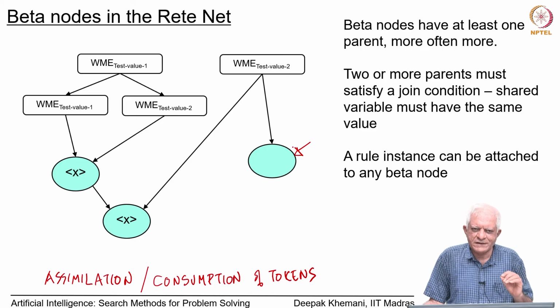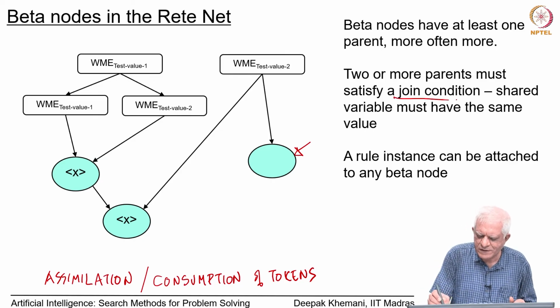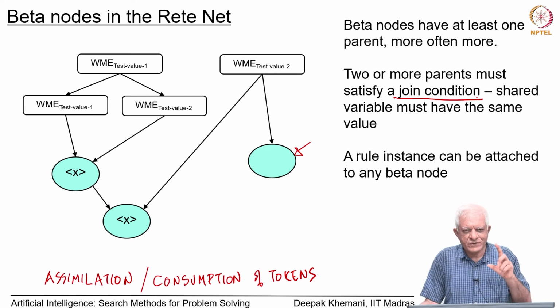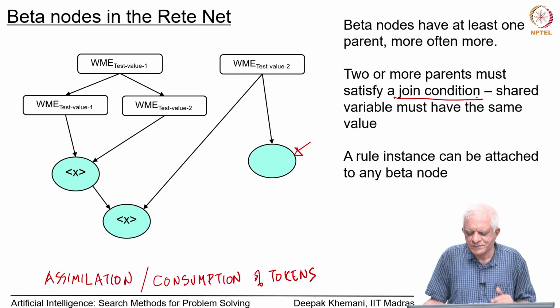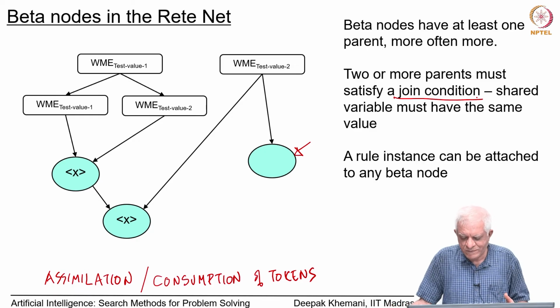So, the variable that particular rule is talking about, let us say in this example we have called it x, in the 2 pieces of data which are flowing down must have the same value. So, that obviously is, as we say, the join condition. If the join condition holds, then the 2 patterns can come together and hopefully contribute to the rule becoming ready to join the conflict set.